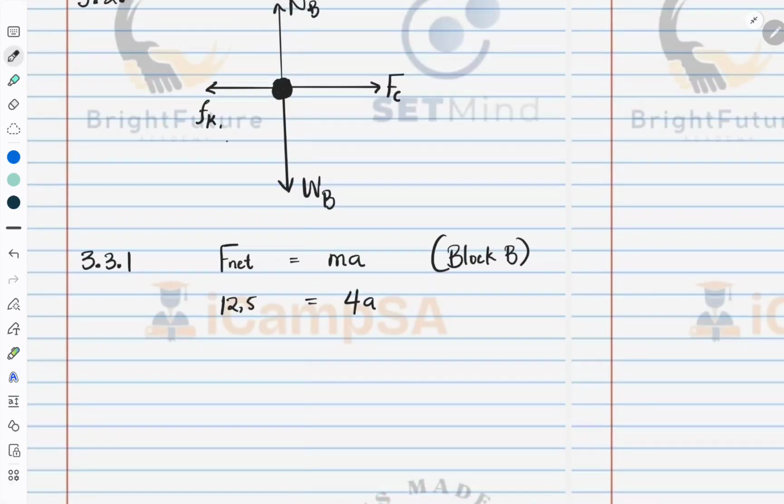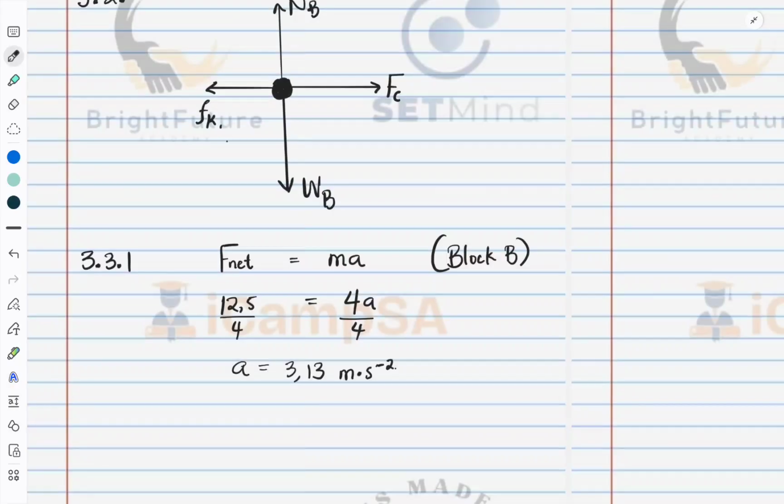Then you can simply divide by 4 on both sides, and your a should be 3.125, but you can round it off to 3.13 meters per second squared. This is our acceleration. See, 3 marks done.